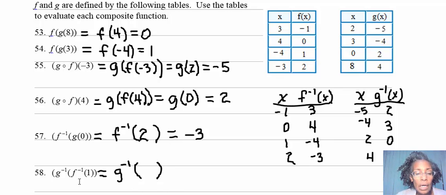Okay, so now I've made the appropriate change here. This was a typo. I left out the inverse on f inverse. So g inverse of f inverse of 1 tells me to take 1 and put it into f inverse, and that result is negative 4. So I'm really calculating g inverse of negative 4.